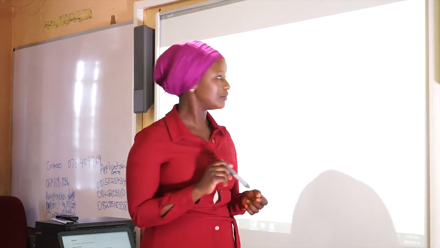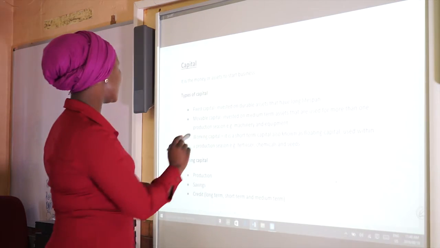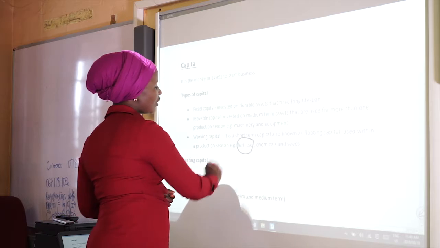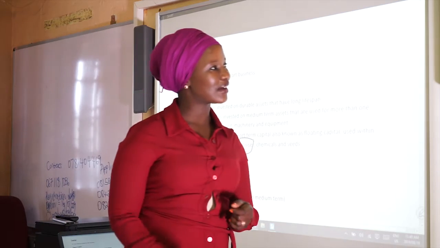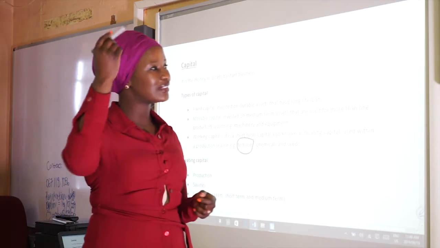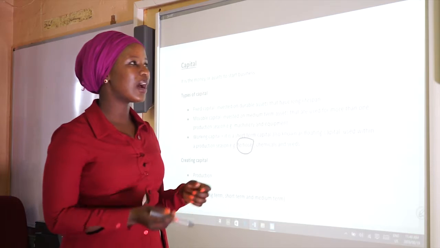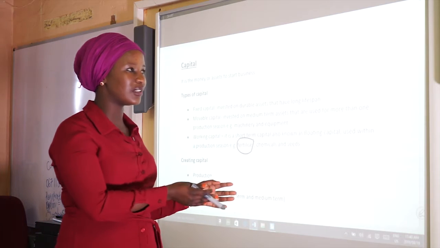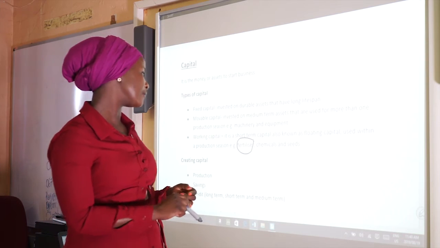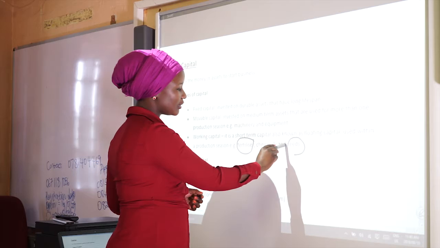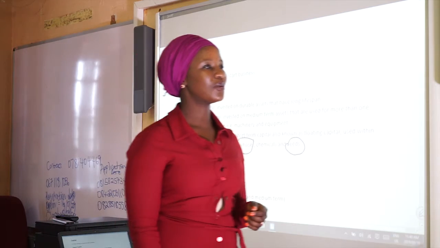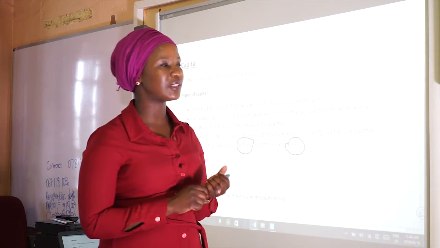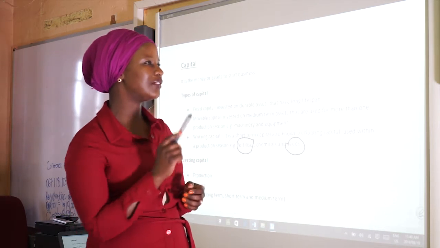A very good example of a working capital is fertilizers. So whenever I apply fertilizer on soil, I can never utilize the fertilizer again. So I've been able to use it just for that particular season. Another example is the seeds. So when it's a planting season, we grow plants using seeds.